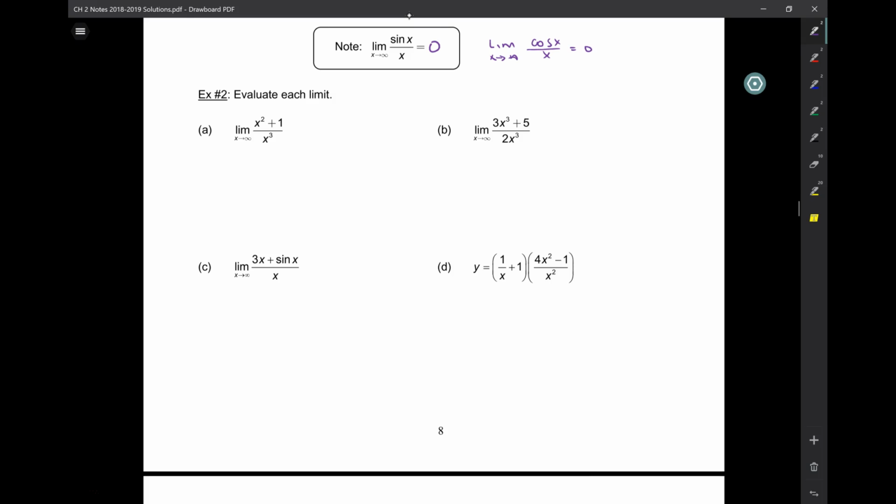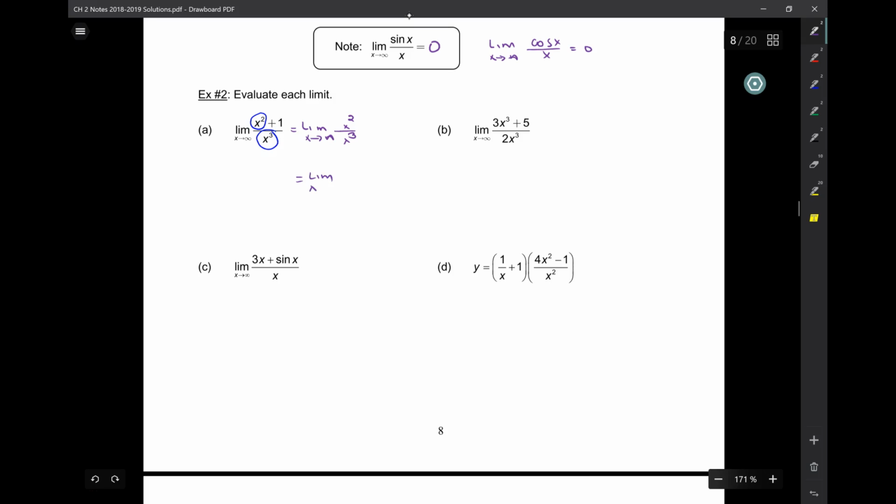So here, when I'm looking for the limit as x approaches infinity, all I need to look at is the term with the highest exponent on top and the term with the highest exponent on the bottom. When I only use those, then I have the limit. This is the same as the limit as x approaches infinity of x squared over x cubed.